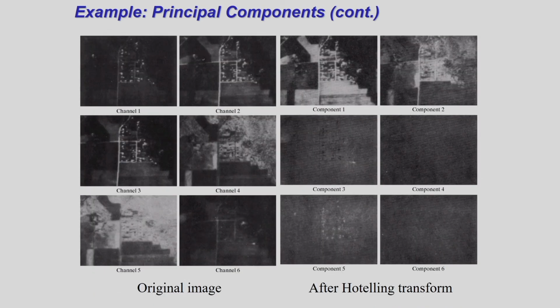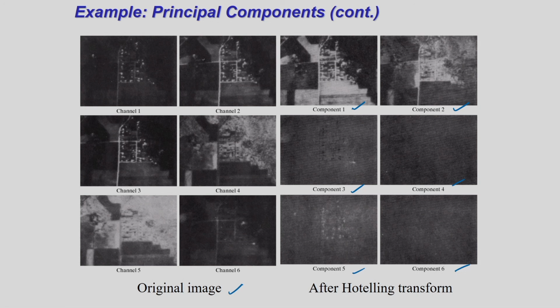So here I have shown the original image, channel number 1, channel number 2, channel number 3, channel number 4, channel number 5, channel number 6. I have the original image, and I have shown the components. The first one is the principal component, the component 1, component 2, component 3, component 4, component 5, component 6 after the KL transformation.